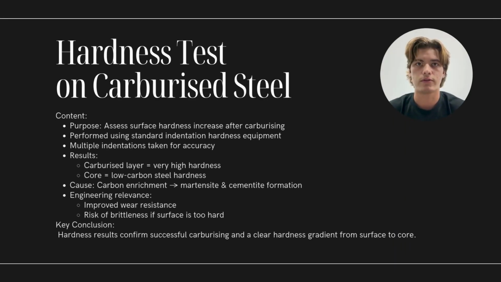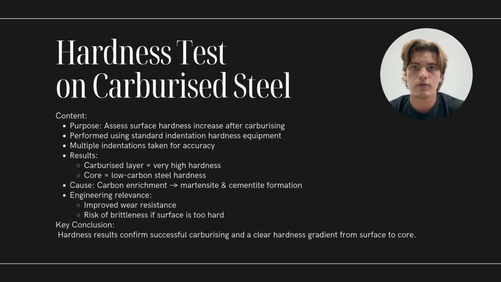Here, the goal was to confirm the increase in surface hardness caused by carburizing. The test was done using an indentation hardness machine. We placed the sample on the anvil, focused the indenter, and performed several measurements to ensure accuracy. As expected, the carburized layer showed a very high hardness compared to the core.